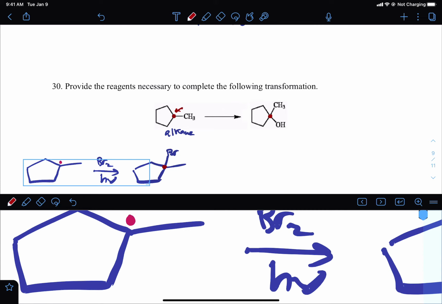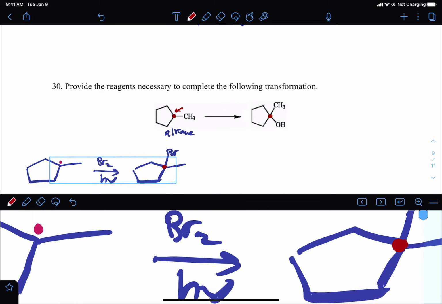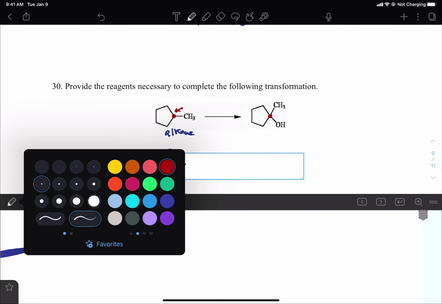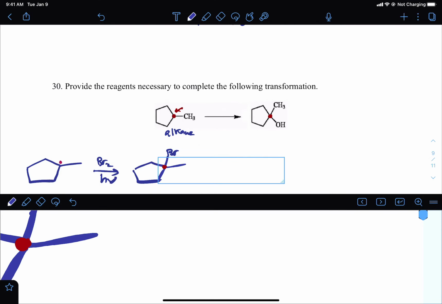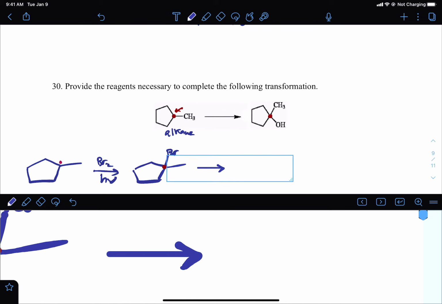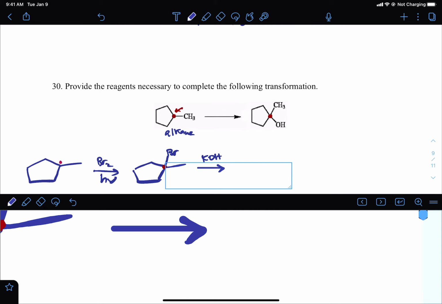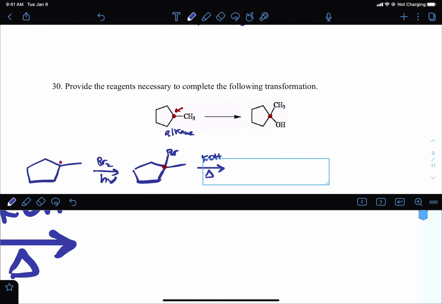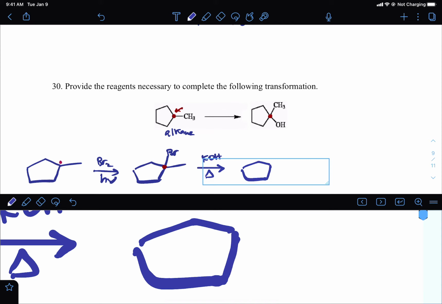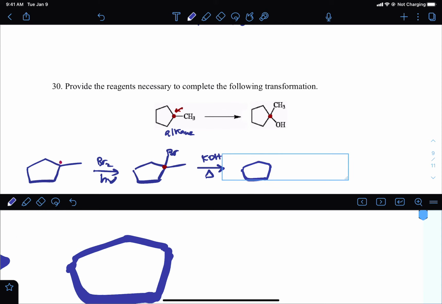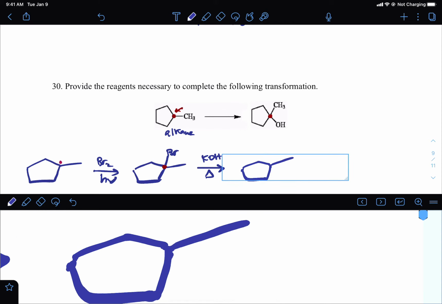Now there's two pathways that you might take from here, and I'm going to show you both of them. You could do an elimination, so do something like KOH and heat. Do a dehydrohalogenation, a Zaitsev style elimination.